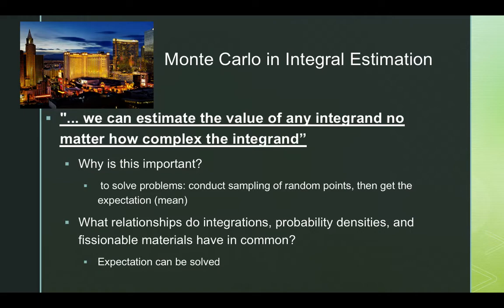But with Monte Carlo, we're able to solve those problems simply by sampling random points and then picking up that expectation that we talked about. That expectation is what we have in the combination of integrations, probability densities, and fissionable materials. We can find that expectation so that we can perform some simulation and provide a rather accurate estimate of what we're looking for precisely.